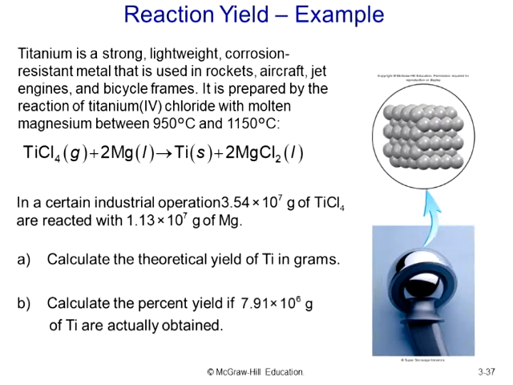So let's do an example. Let's work a problem. Titanium is a material used in rockets and aircraft and jets. We have a balanced reaction between titanium tetrachloride and magnesium.